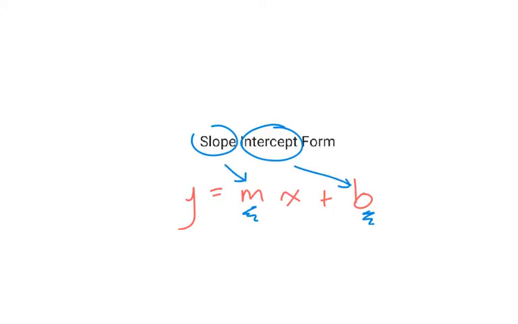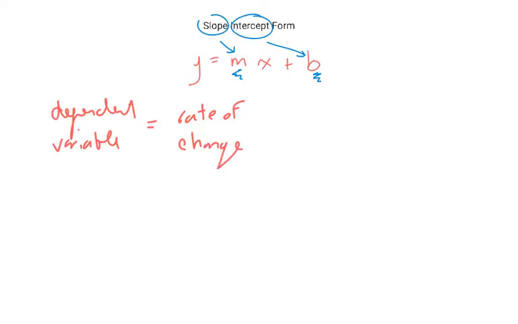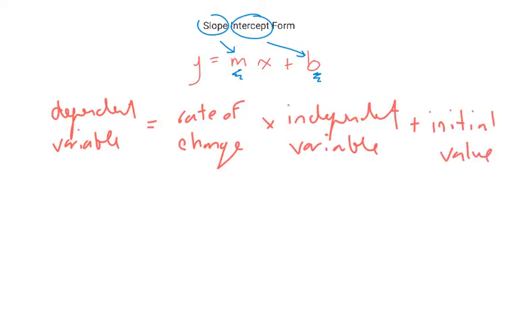You are probably more familiar with this form, where we have dependent variable is equal to the rate of change multiplied by the independent variable plus the initial value.